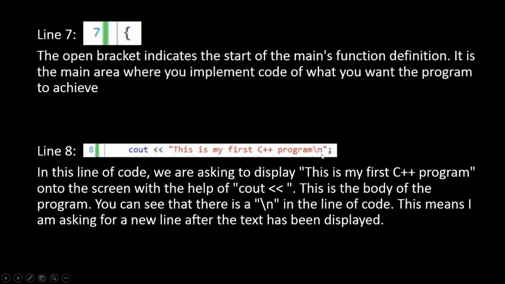And as you can see at the end here, there is a \n. That just means a new line, so after that text has been output, there is going to be a new line after the text.